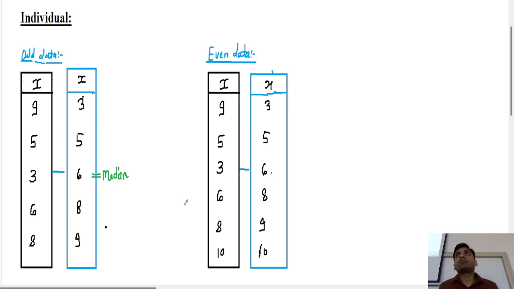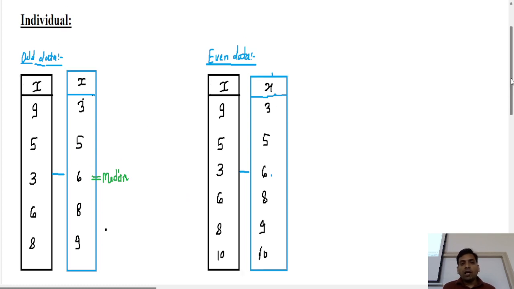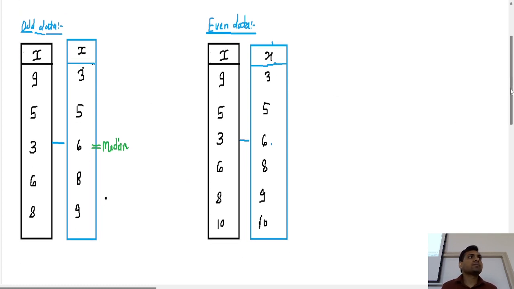Now how will you write the formula? There are 5 terms, so n equals 5. Your answer is 6, but its location is the third term.